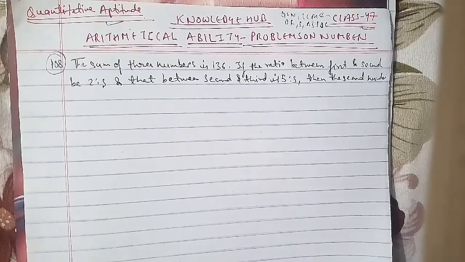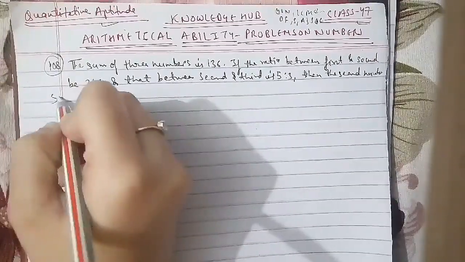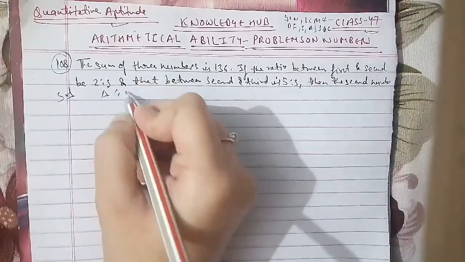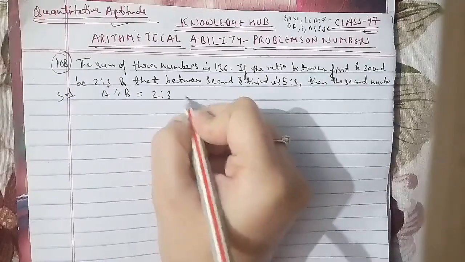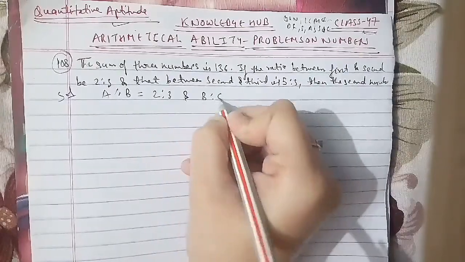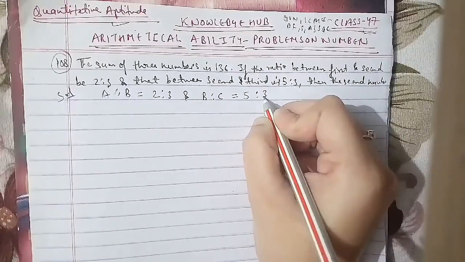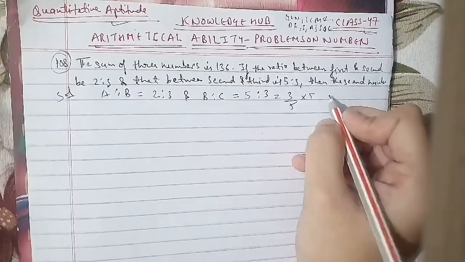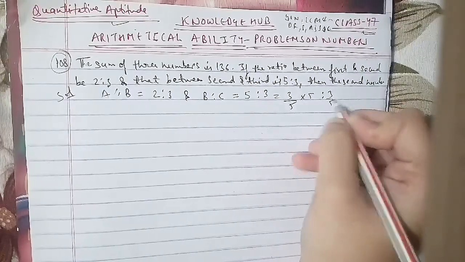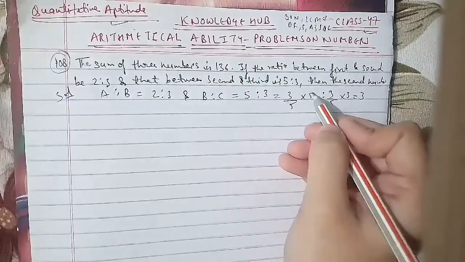Let's see what they have given. A:B equals 2:3, and B:C equals 5:3, which is equal to 3/5 into 5 and 3/5 into 3. The 5 gets cancelled, so this is 3, and 5 threes are 15, 15/5, so it is 9/5.